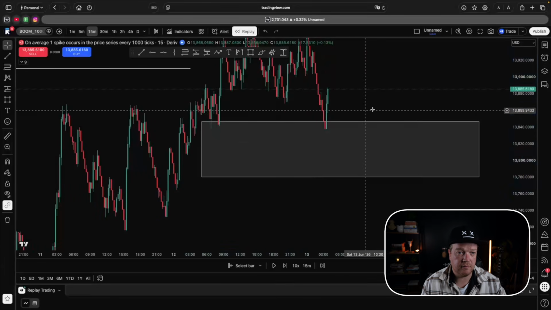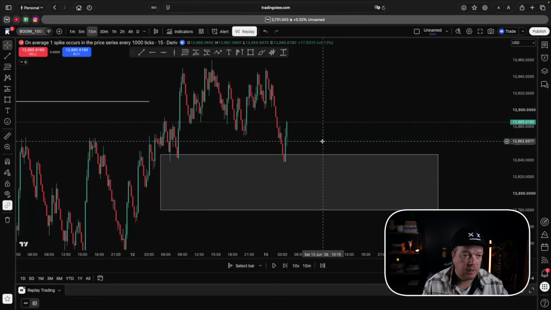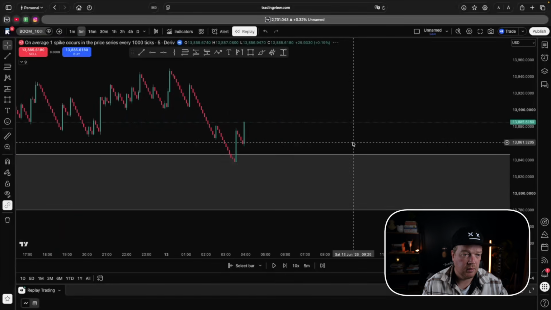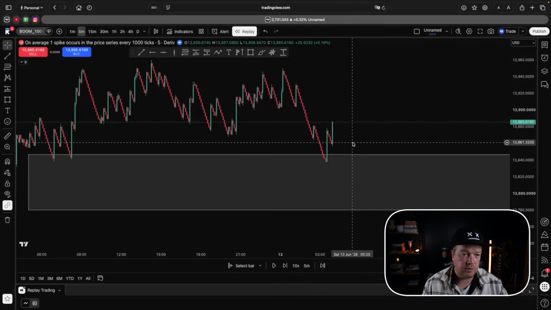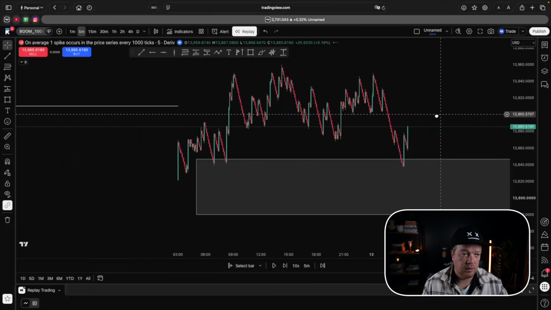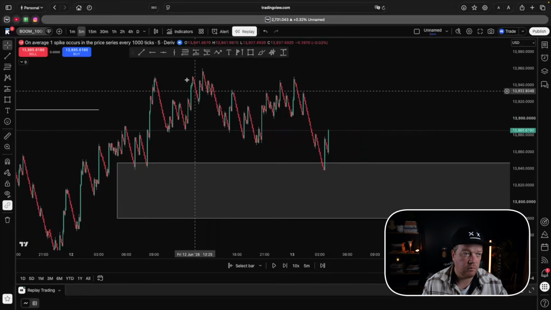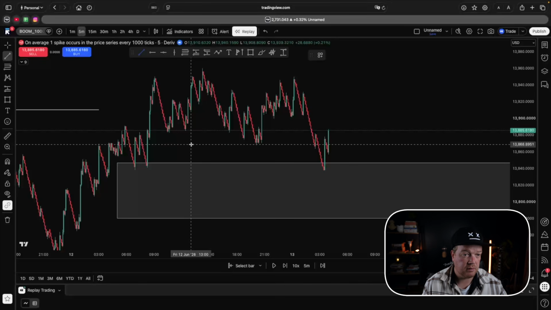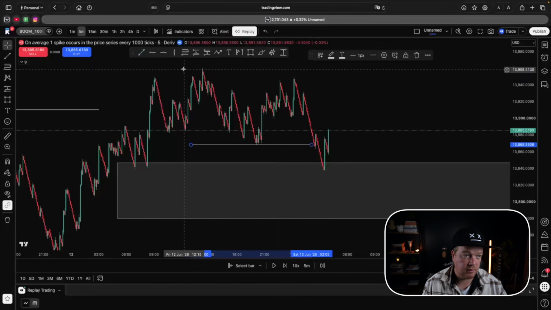Just going to delete the fib. This is that 1 hour. Okay, let's go down to the 5 minute. Let's just zoom out a little bit. So during this leg, again, now we are on the 5 minute. Now we can see liquidity has been taken.